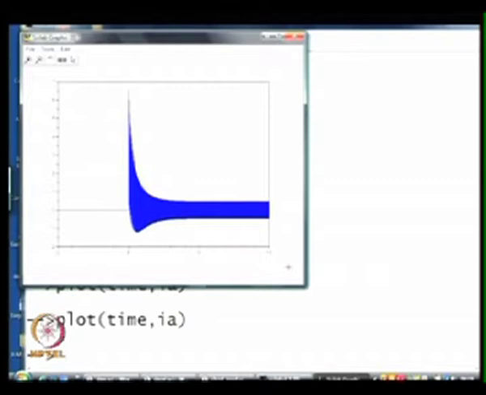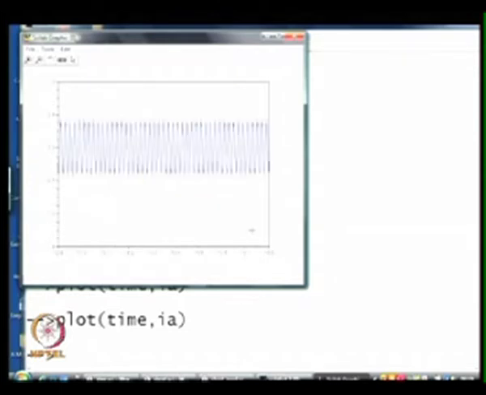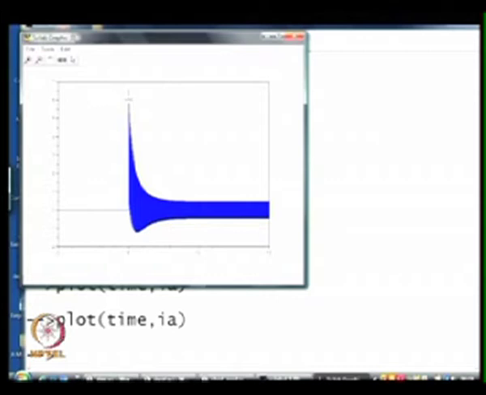Although in steady state it is absolutely symmetric, a symmetric sinusoid as one would expect, during transients you see a DC offset as well as the envelope of this IA is large.